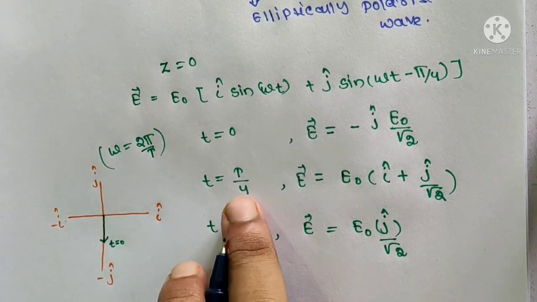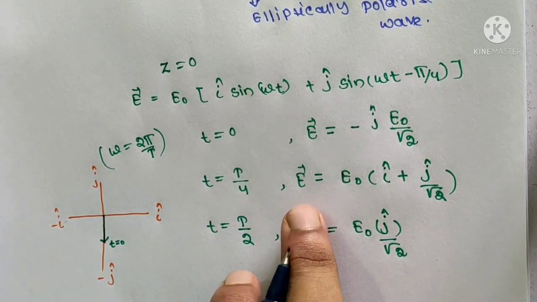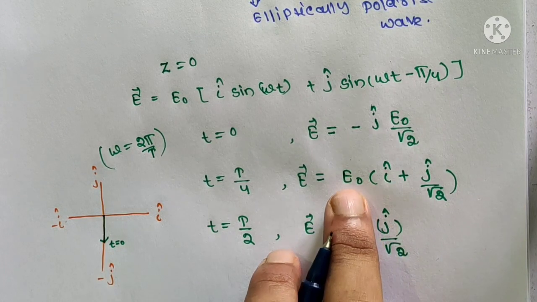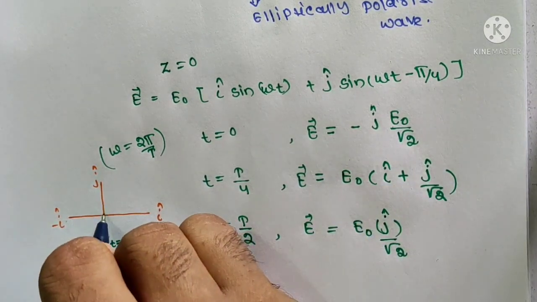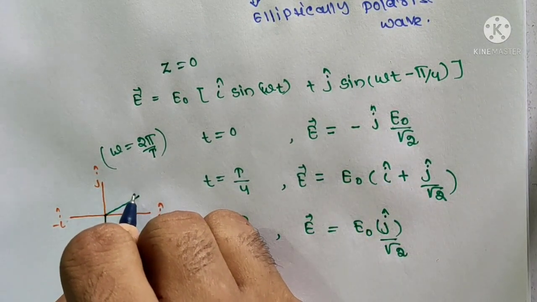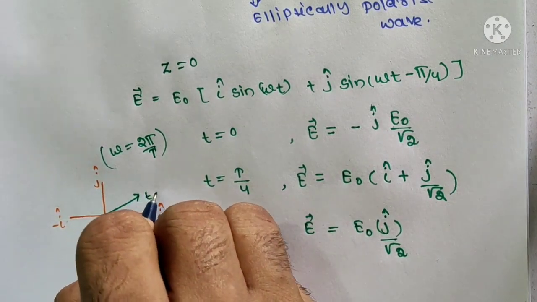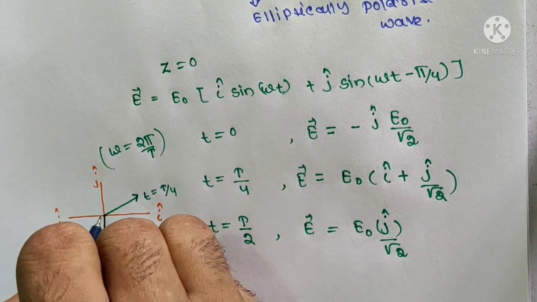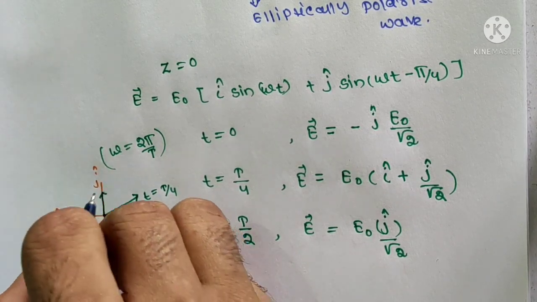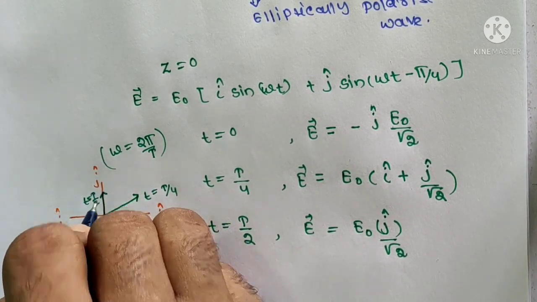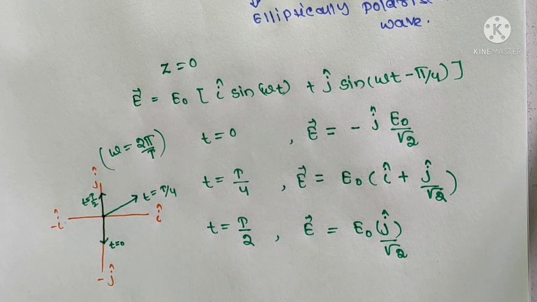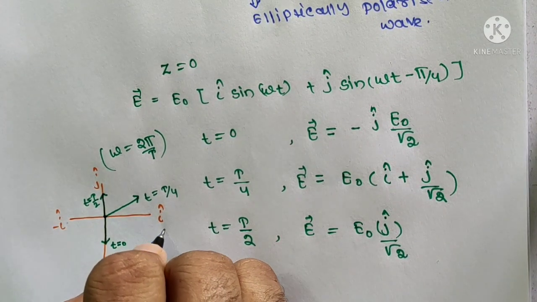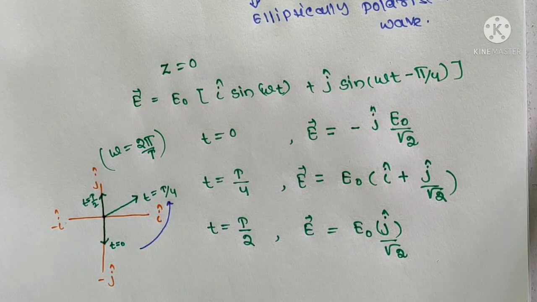Now at t equal to T by 4, as soon as time increases, look where it has come: E naught I cap plus j cap by root 2. Okay, at t equal to T by 4. Now at t equal to T by 2, it is along this j cap. So it is rotating in the anti-clockwise direction.